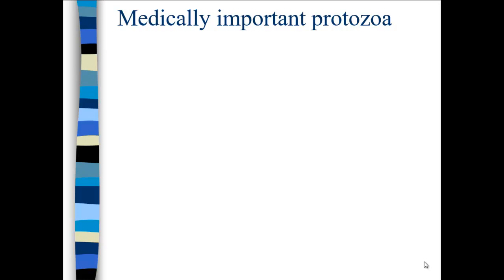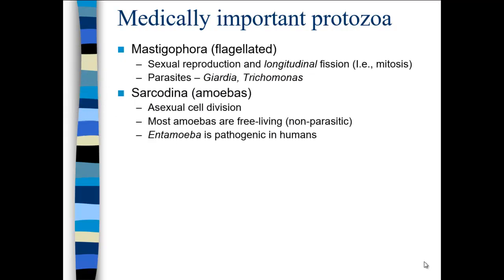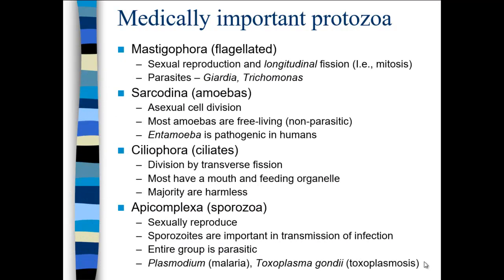Okay, where we had stopped in lecture on Tuesday, we're talking about these different types of medically important protozoa. Among these we have flagellated parasites like Giardia and Trichomonas. We have amoebas like Entamoeba histolytica, which is pathogenic.